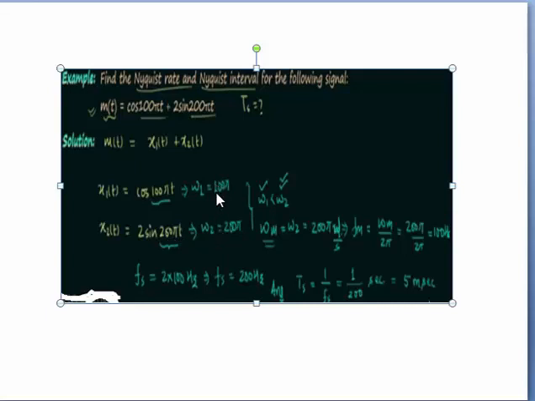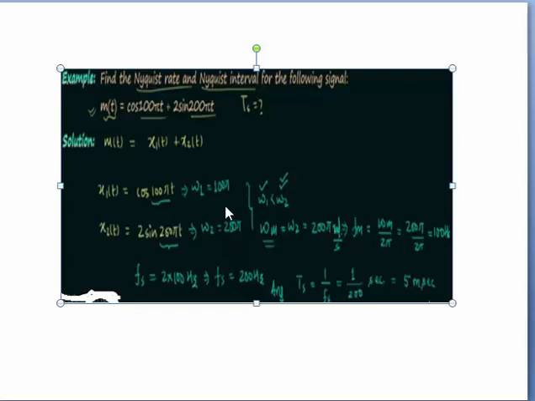See these two values for ω1 and ω2. We can say that ω1 is less than ω2, and through this we obtain the values of angular frequency, 100π in the first case and 200π in the second case.